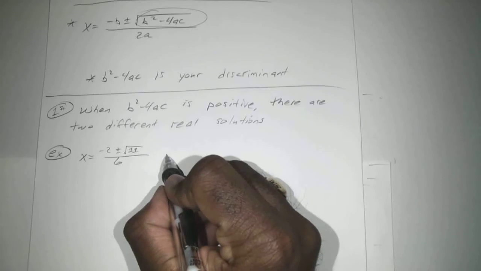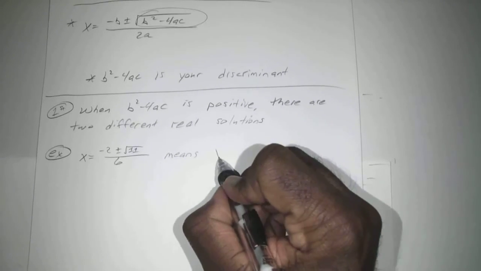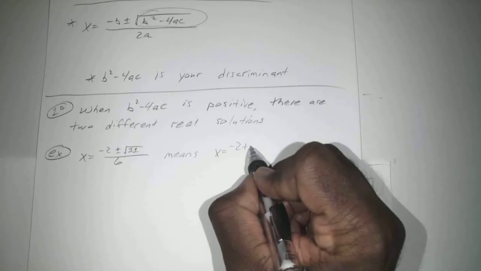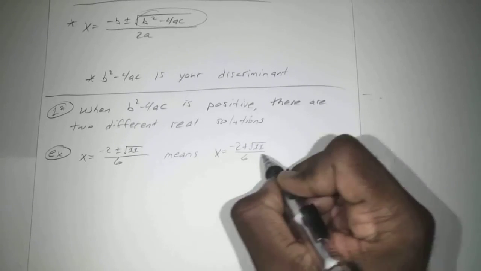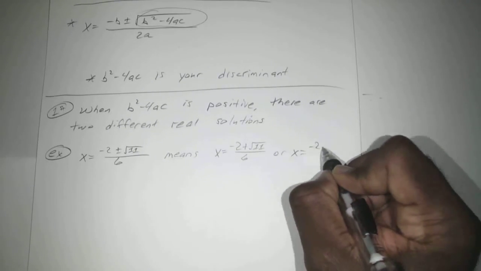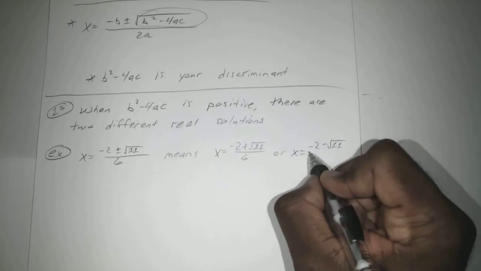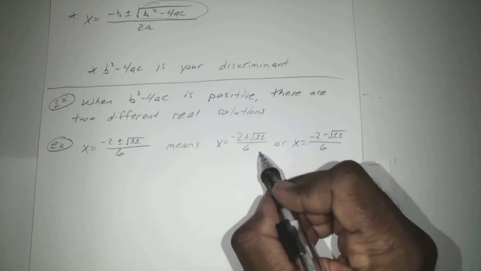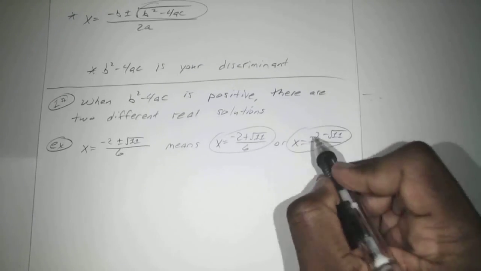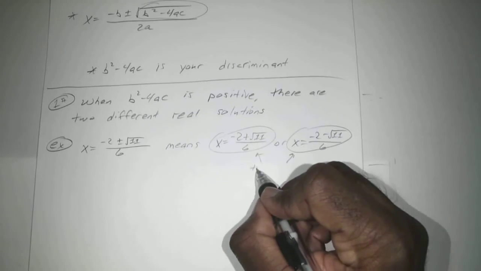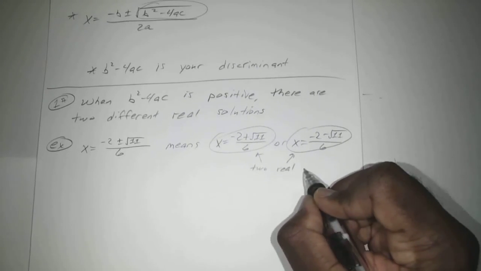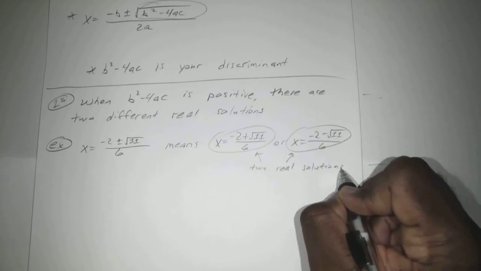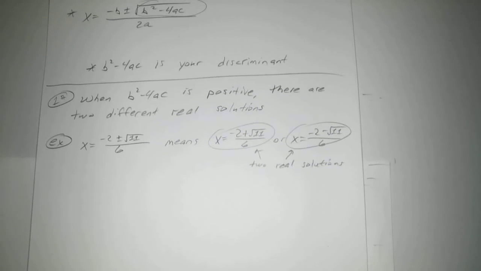So that means that x can equal 2 plus the square root of 11 over 6, or x can equal 2 minus the square root of 11 over 6. Okay, so you have your two real solutions. That's if your discriminant equals any positive number.